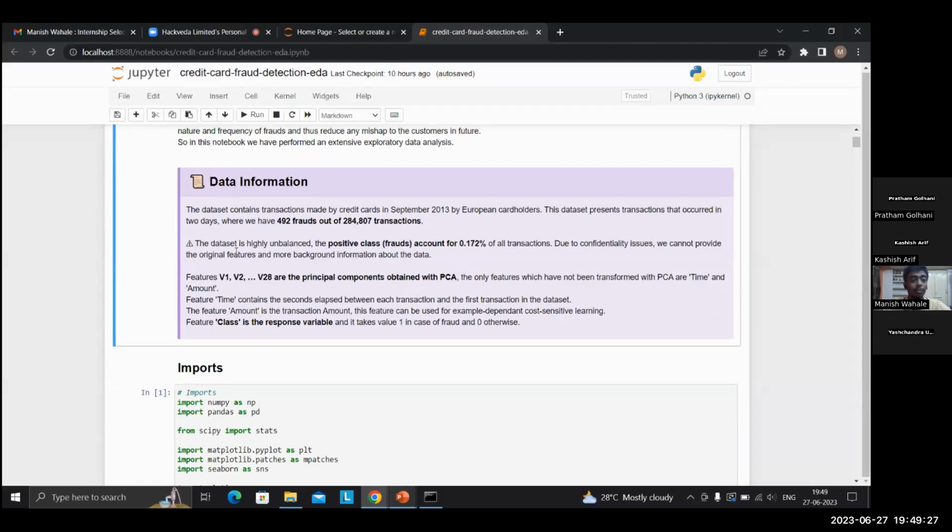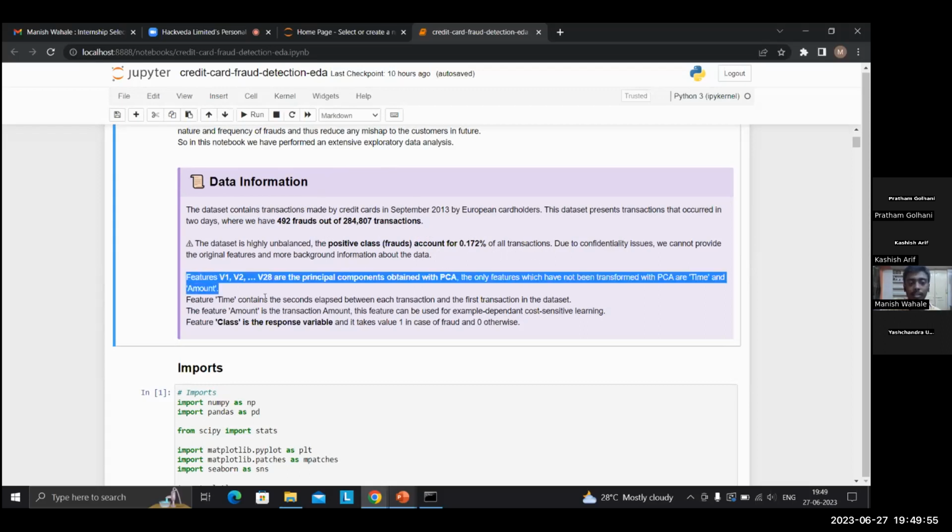The author has also said that the dataset is highly imbalanced. We can see here that out of these many, only 492 are fraudulent, so only 0.172% of the transactions were fraudulent. If you are using an ML model, it will be very difficult for the model to classify this fraudulent data. We will see what can be done about that.